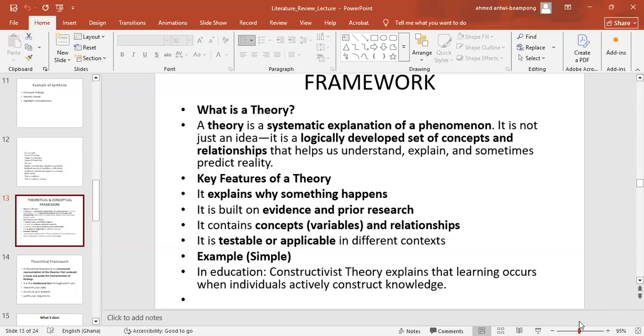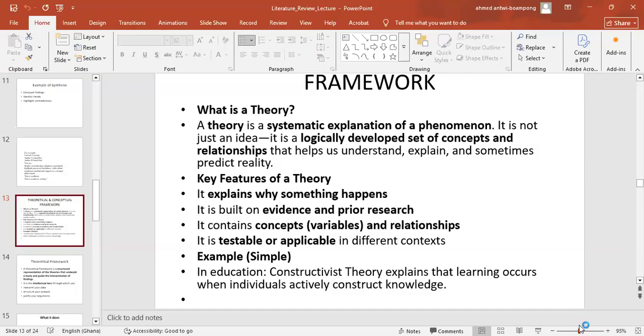So what is a theory? We need to understand what a theory is so that we can make it the very foundation of our research literature review process. A theory is a systematic explanation of a phenomenon.